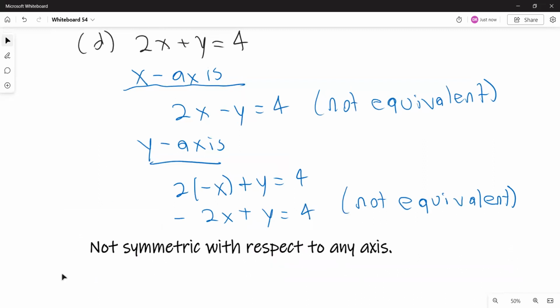Okay, so we did symmetry with respect to axes, and the last topic on symmetry is symmetry with respect to the origin.